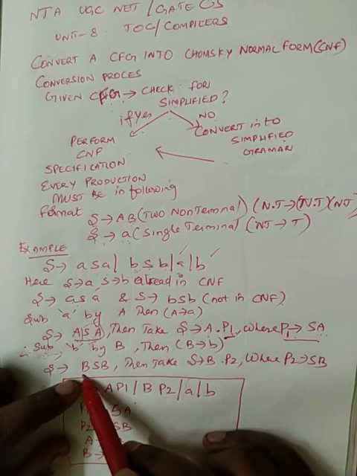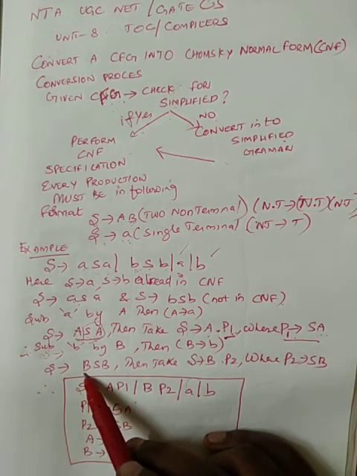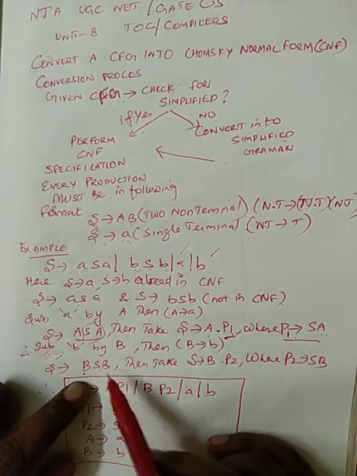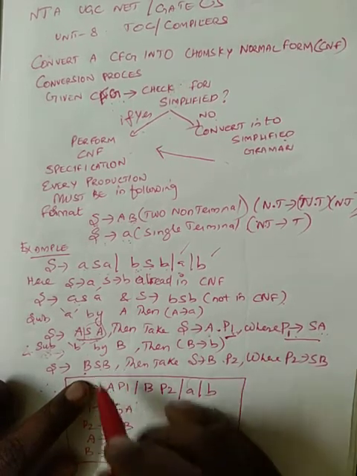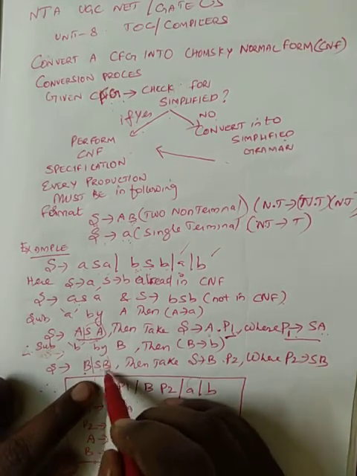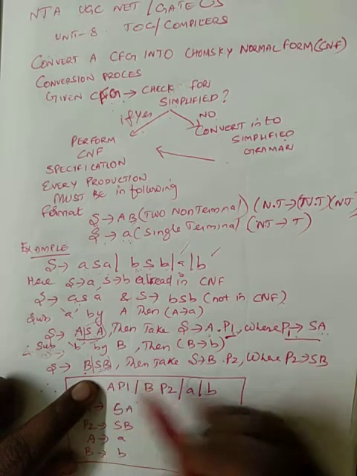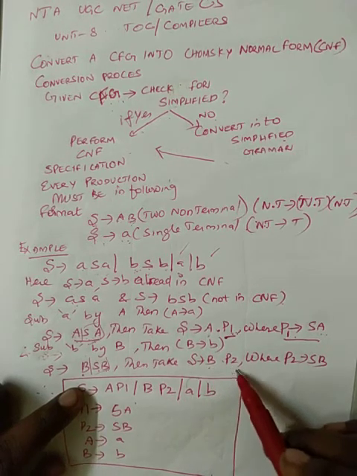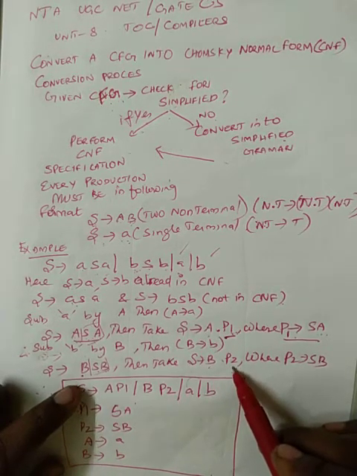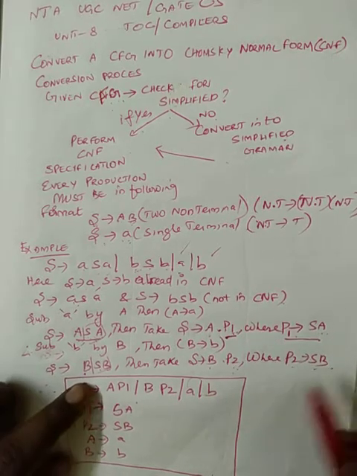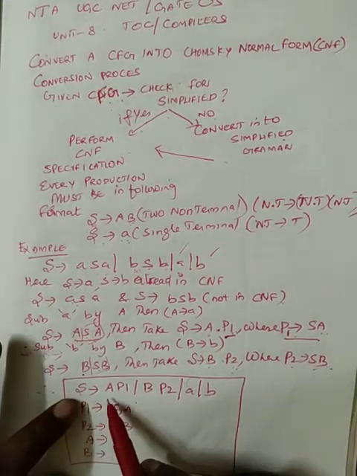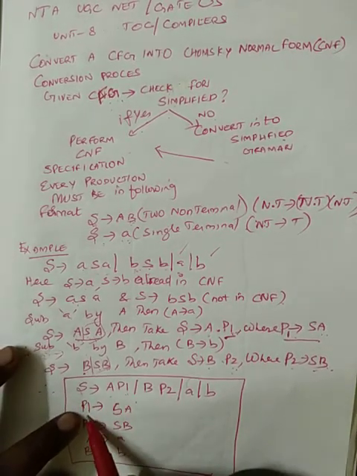For that I am substituting S tends to small b with capital B. So it is capital B, capital S, capital B. Again I am splitting this into B and some single non-terminal substitution, like here S tends to capital B into some other production rule called P2, where P2 is nothing but SB. It means I'm splitting and making it like this. So finally I have S tends to A P1, where P1 is nothing but SA.